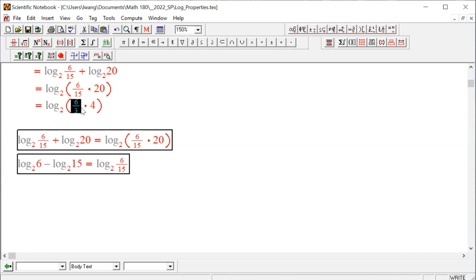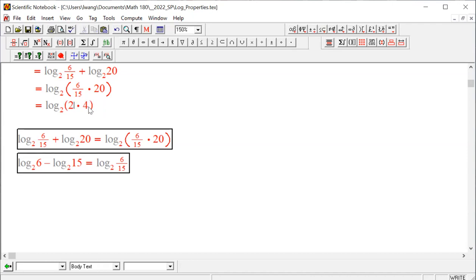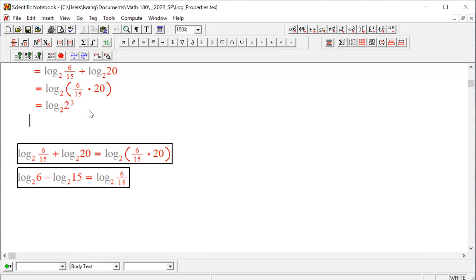And 3 divided into 6, we get 2. So this is 8, and 8 is 2 to the power 3. So in the very end, our answer is 3.